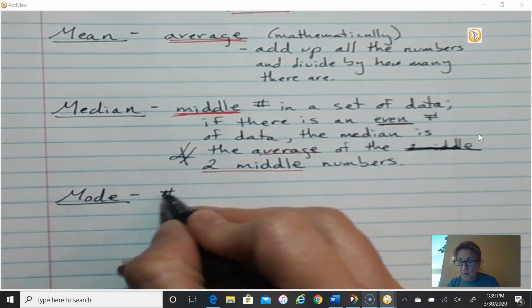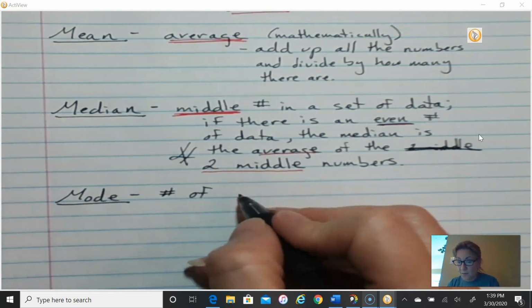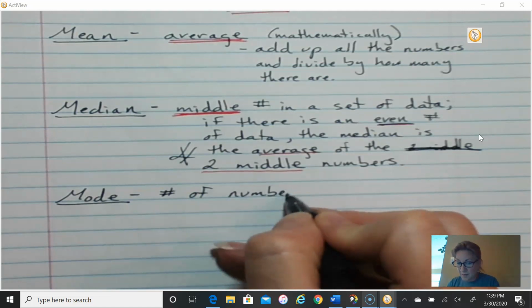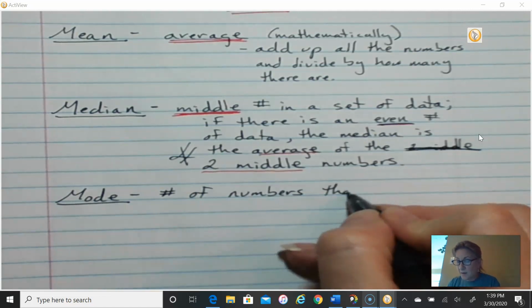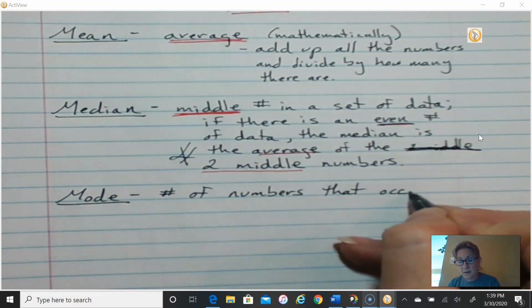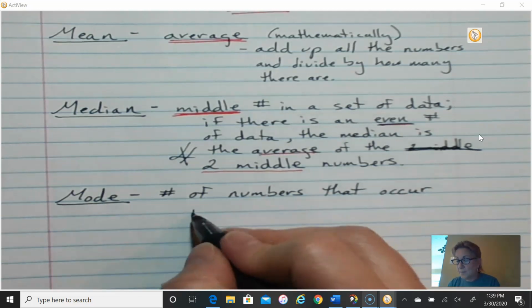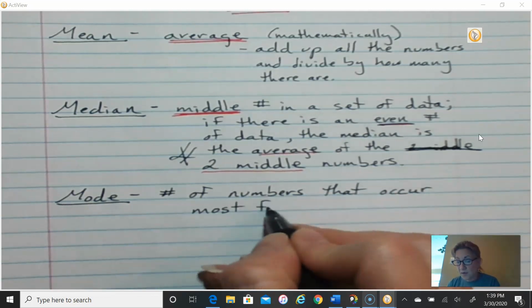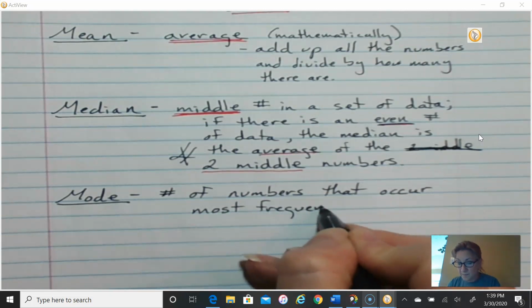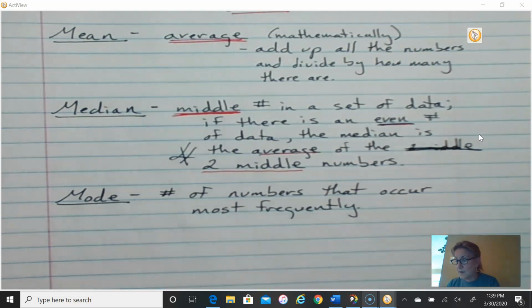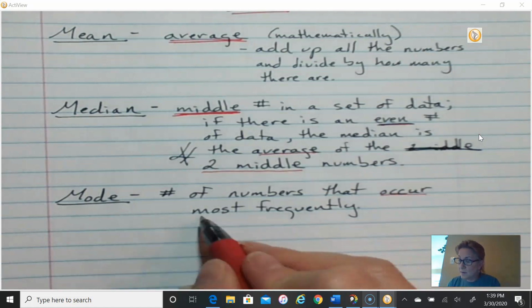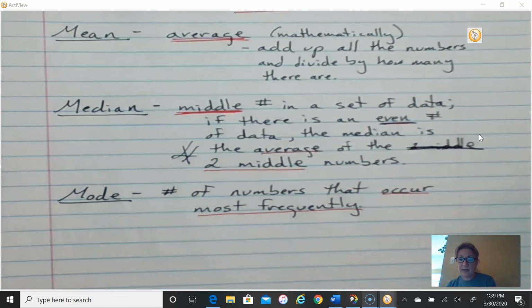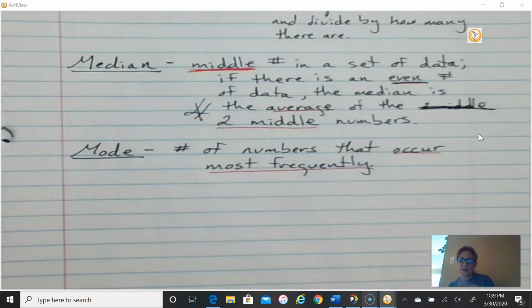Mode is the number of numbers, I know it sounds weird, that occur most frequently. Okay, like if you had a whole bunch of data and you had all these numbers, it could be even like corona cases, right?